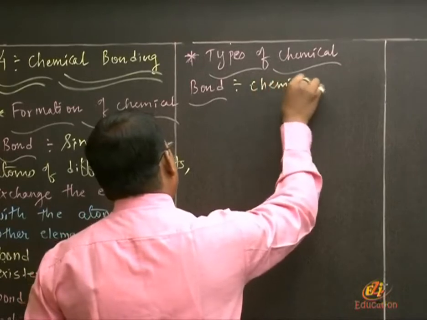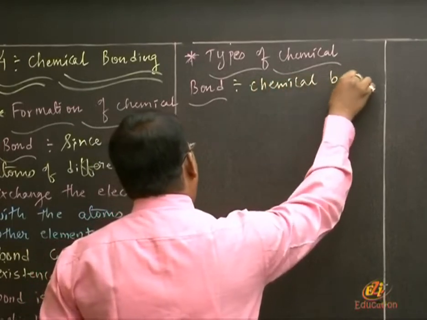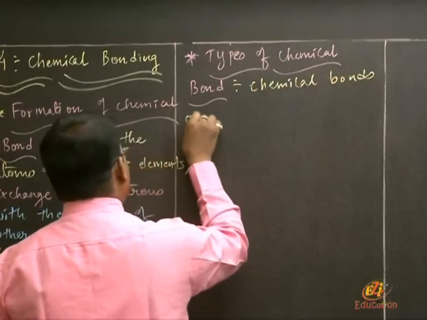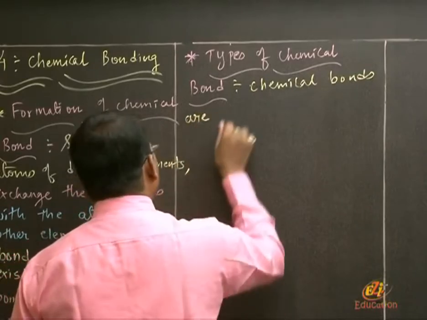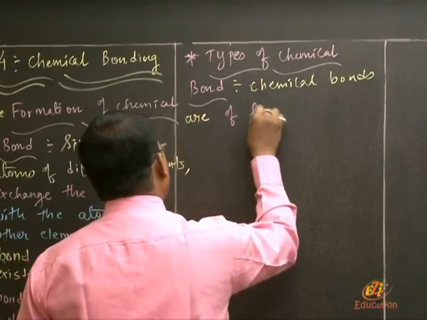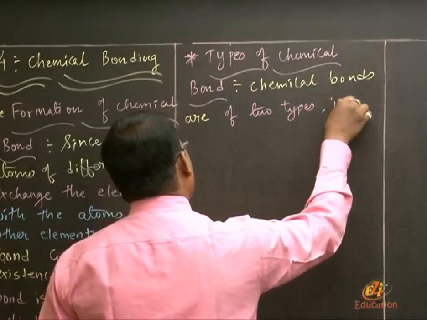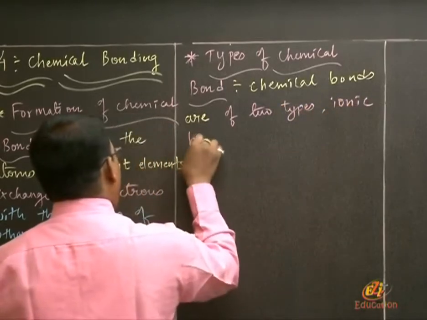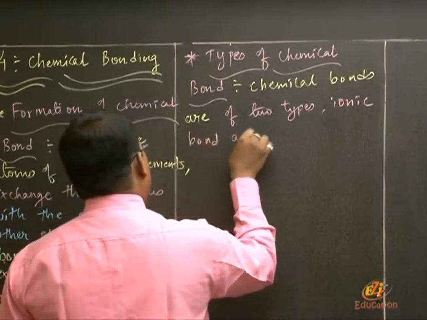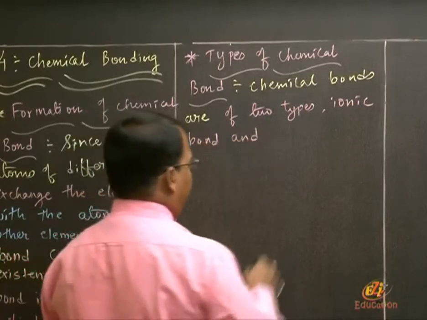Chemical bonds are of two types: ionic bond and covalent bond.